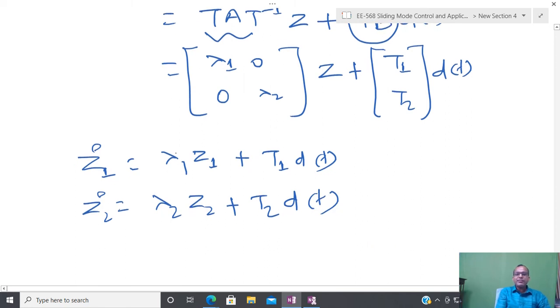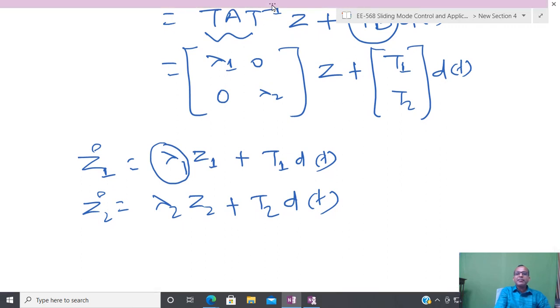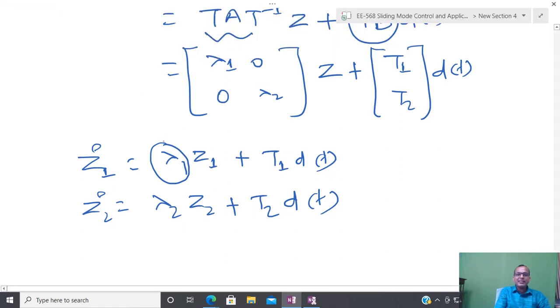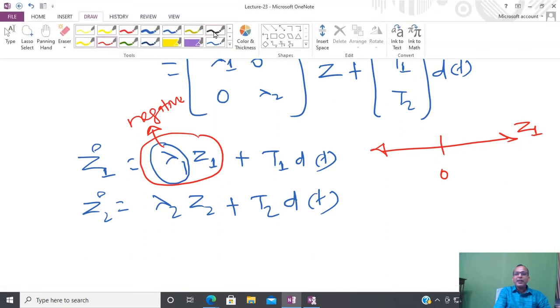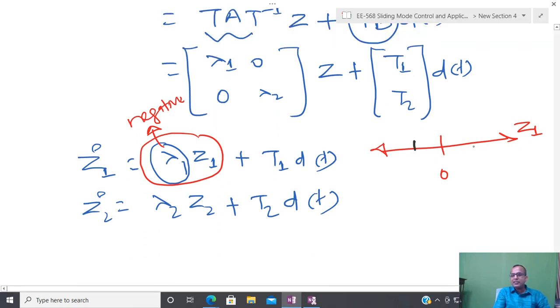Now suppose you select lambda 1 as some large negative value. You can analyze this in the Newton's way, assuming this is the Z1 axis. If lambda 1 is strictly negative, there exists some range, and after some time the dynamics converge towards this.